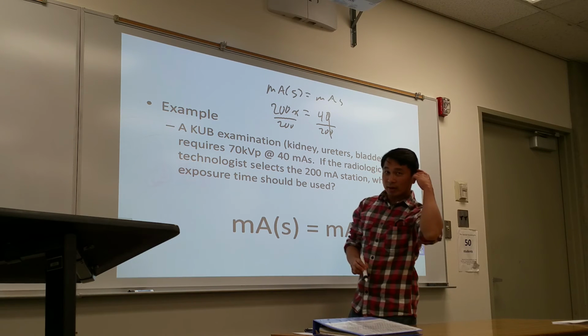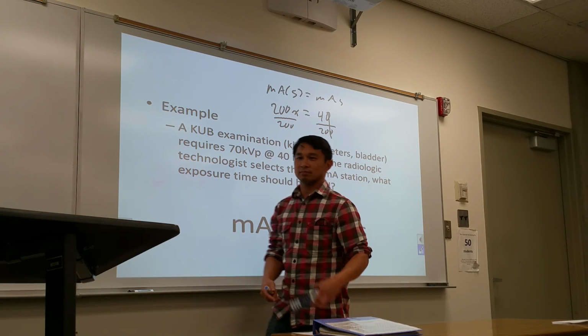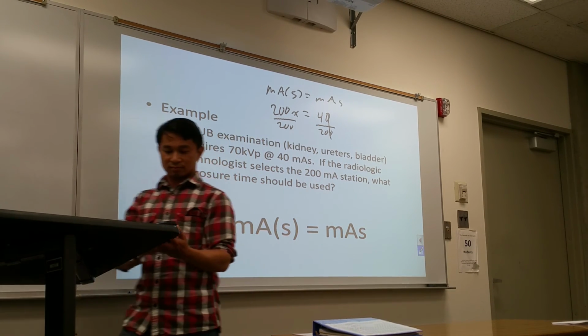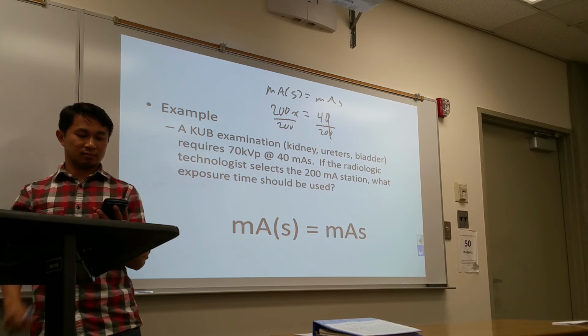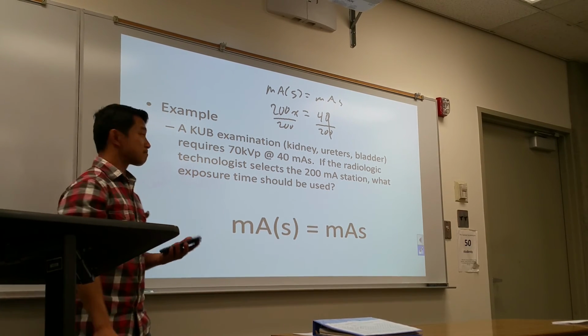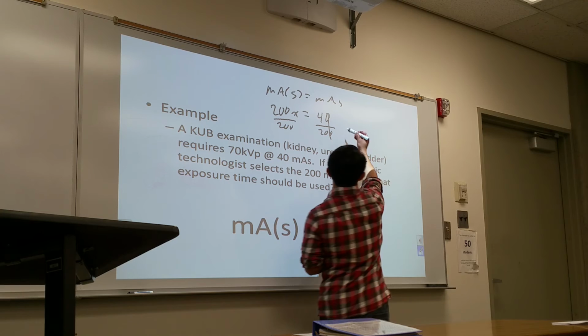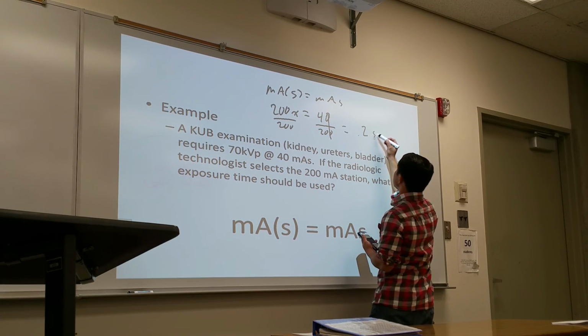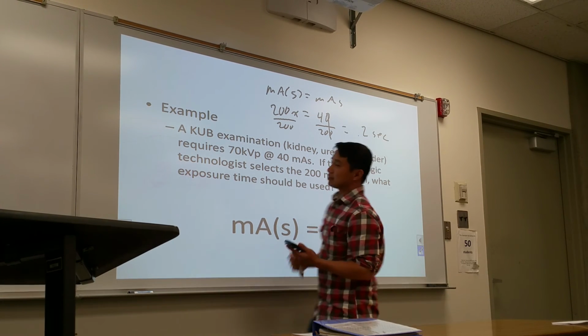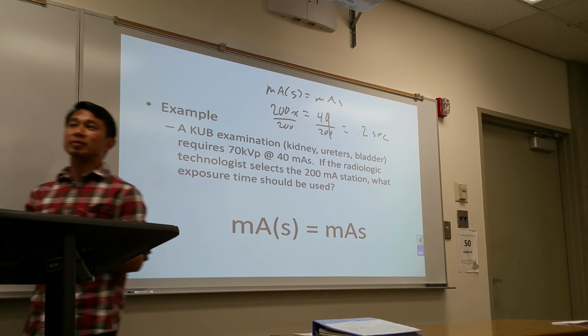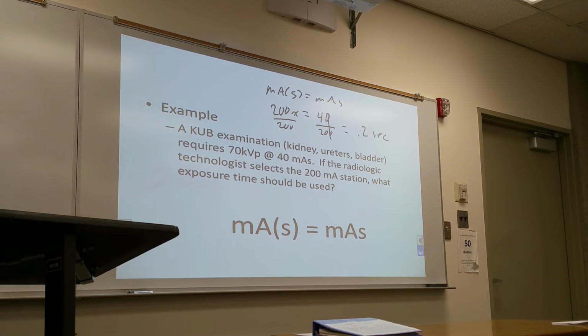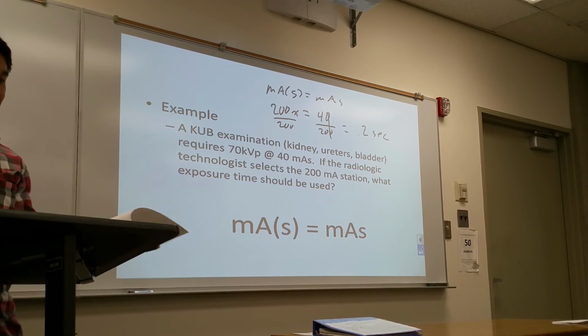That's 40 divided by 200, which is 1/5 of a second, 0.2, right? So this time selection will be 0.2 of a second. Simple.